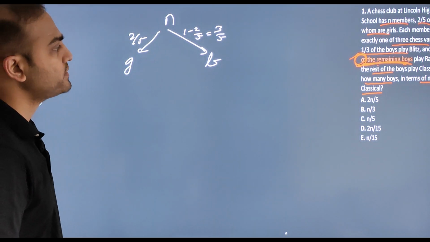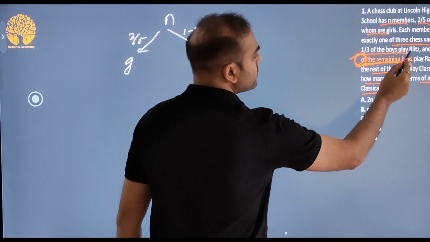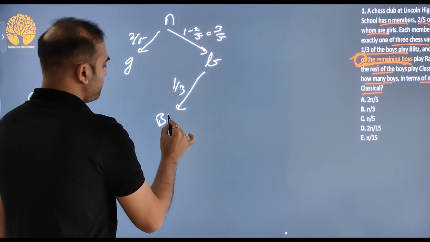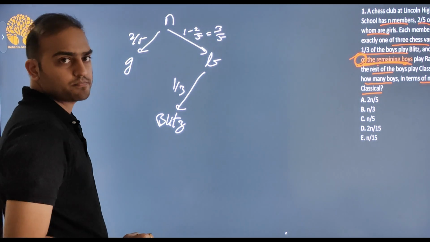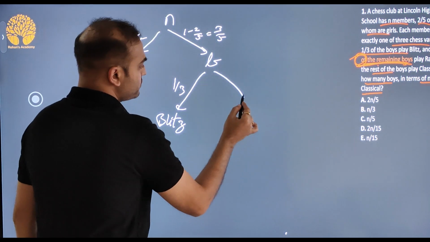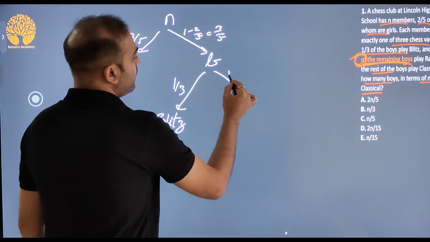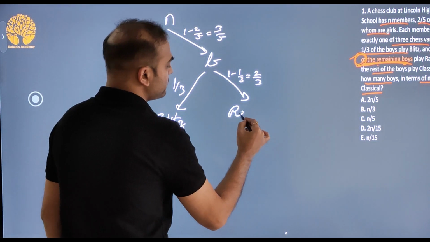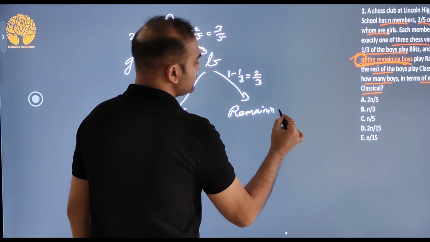Now 1/3 of the boys play blitz. 5/6 of remaining. So first of all, how many are remaining? Again 1 minus 1/3. That's 2/3. These are the remaining boys.